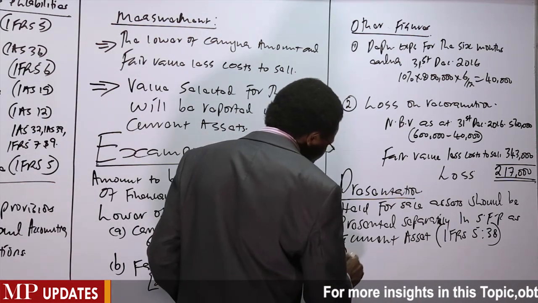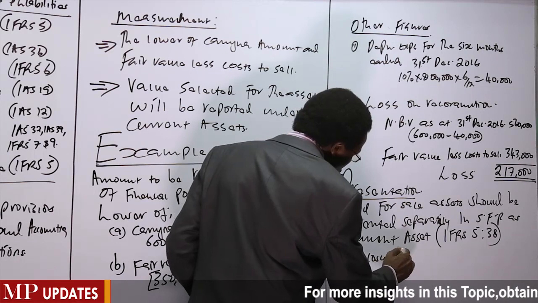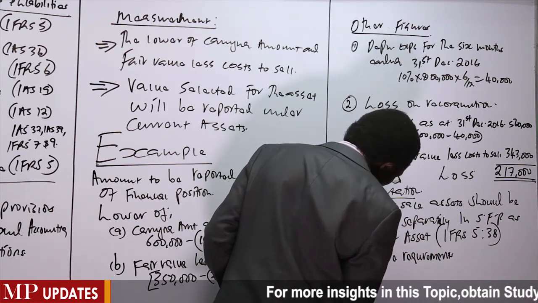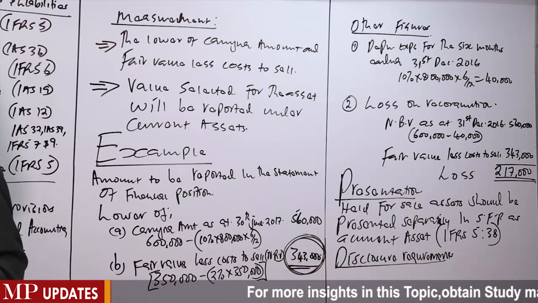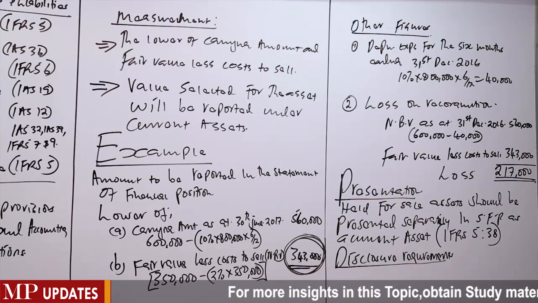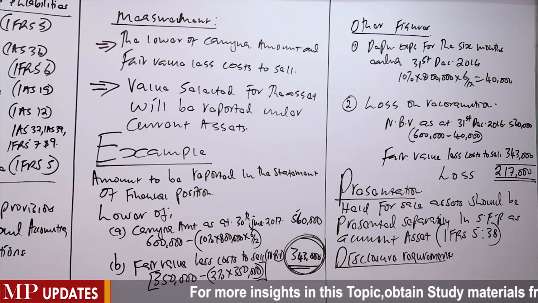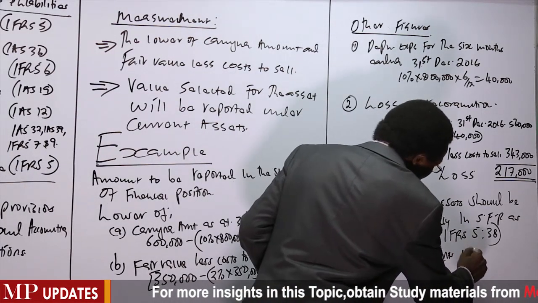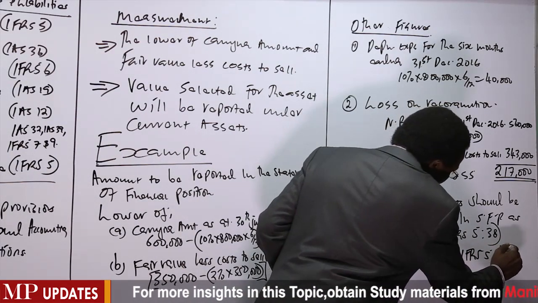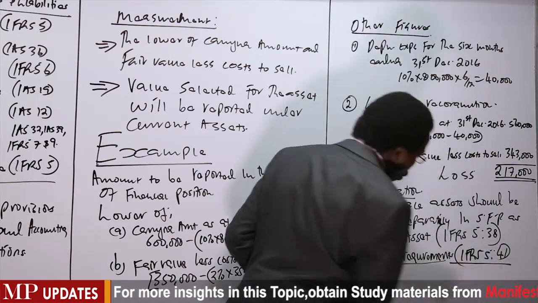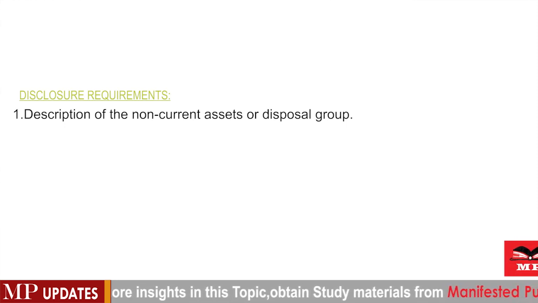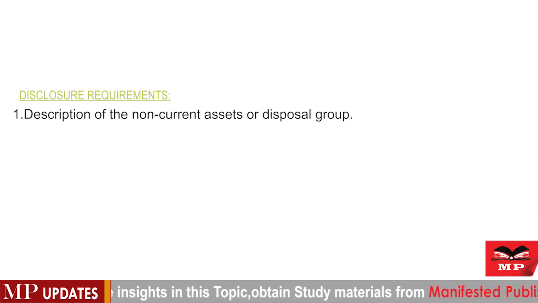Something else that you need to remember is about disclosure. These are the disclosure requirements for assets held for sale, according to IFRS 5 paragraph 41. One, description of the non-current assets or disposal group.